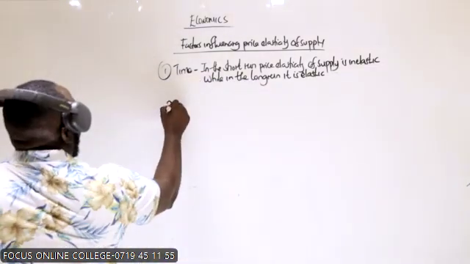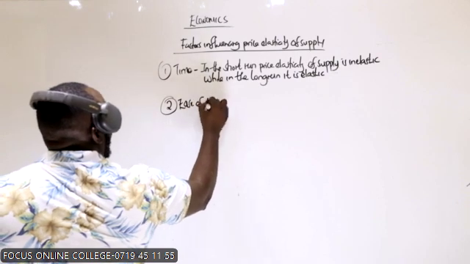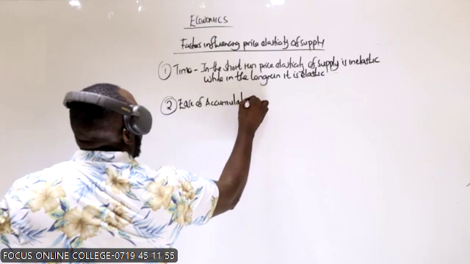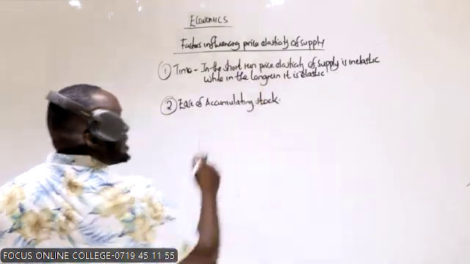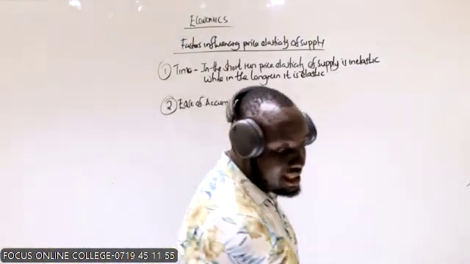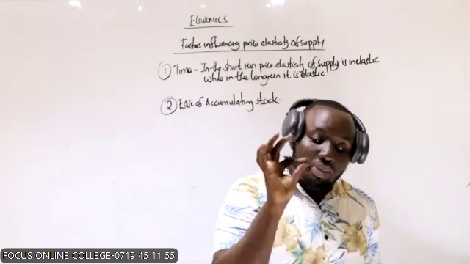So we can talk about the second factor, the ease of accumulating stock, as the next factor that affects elasticity of supply.